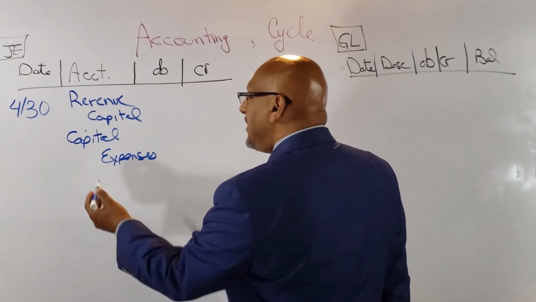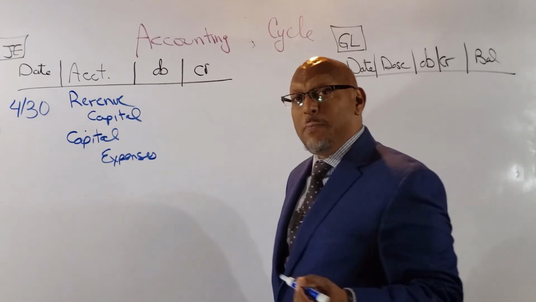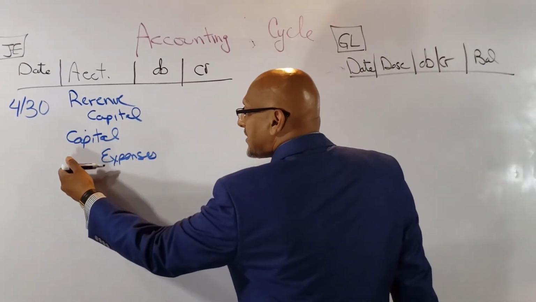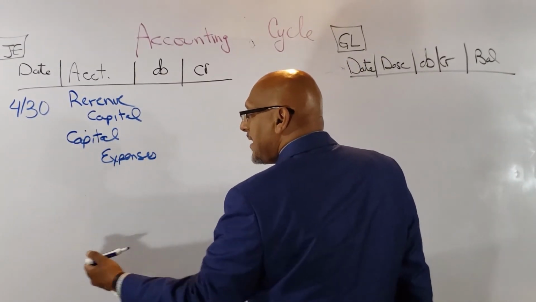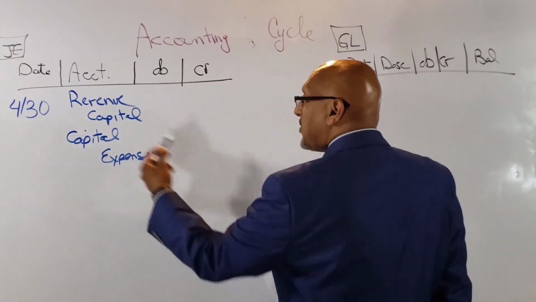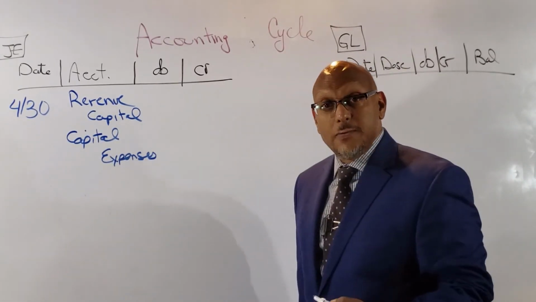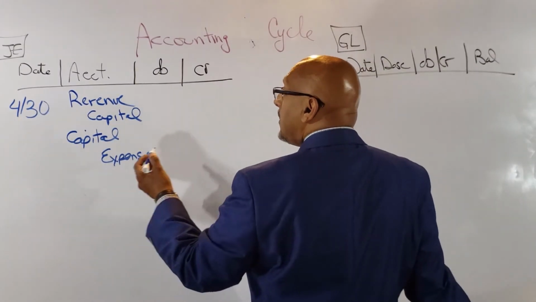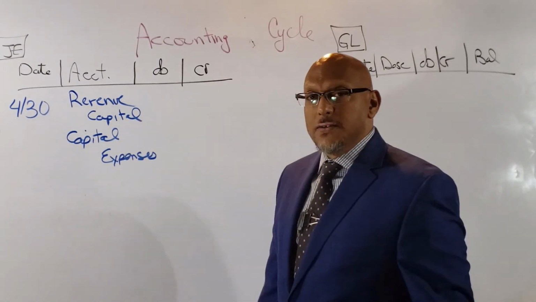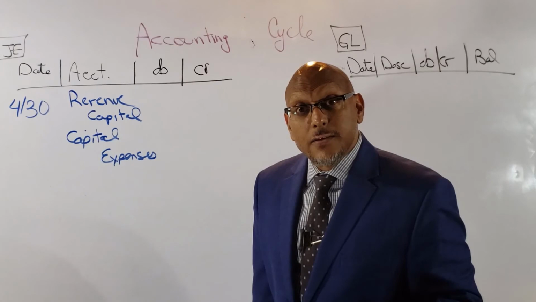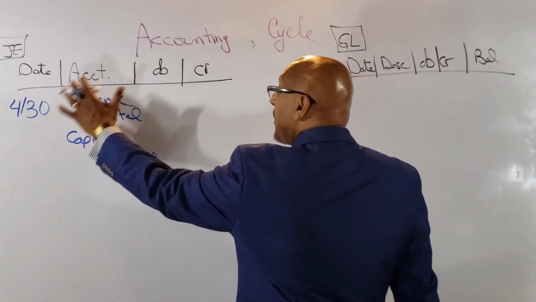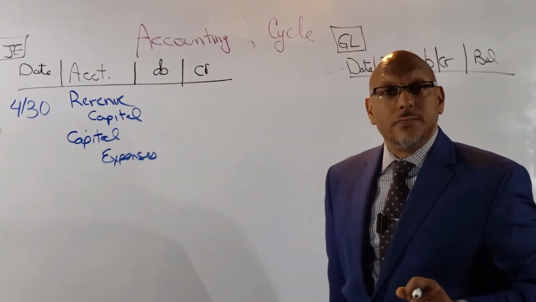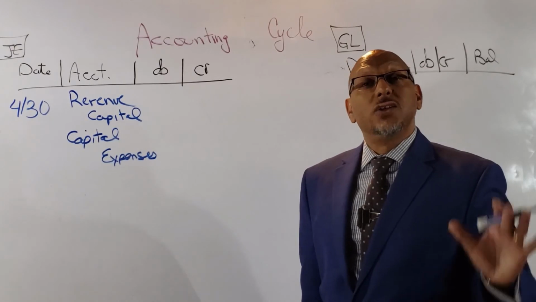I don't mind if you do this all as one step in the JE, as long as you list all the expenses individually, so you can make sure the entry is balanced. And the last thing, and that's the end. In the direct method, that's the end. We're done closing.